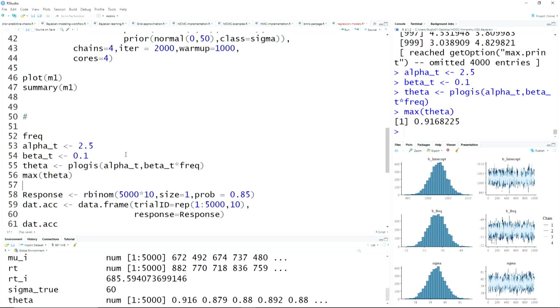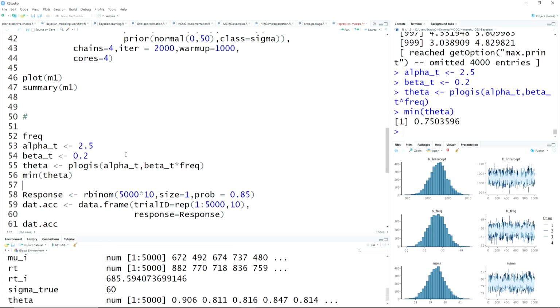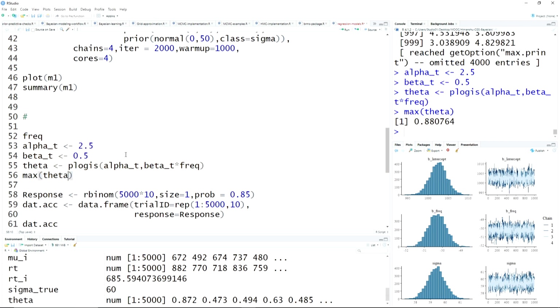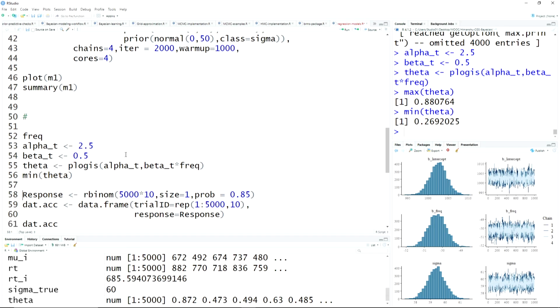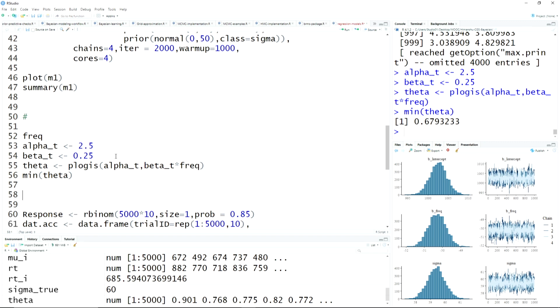Okay, so let's do with this. Now we will generate accuracy data.